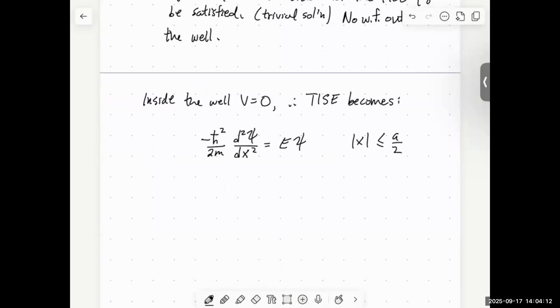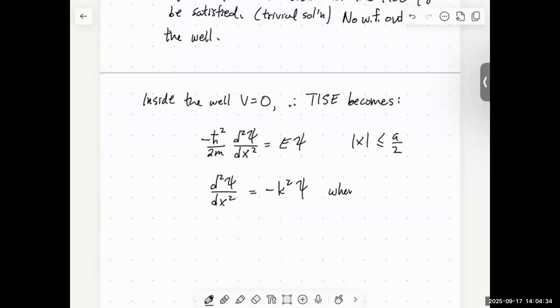All right, so I'm just going to collect these constants together, and let's write it in the following way. This is going to be a position derivative. It's minus k squared times psi, where k squared is E times 2m divided by h bar squared.